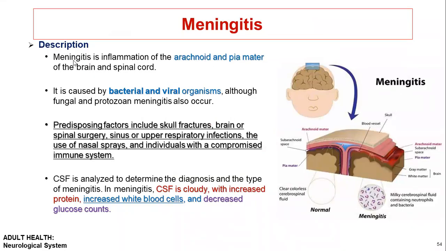Next, it is the inflammation of the arachnoid and pia mater of the brain and spinal cord. It is caused by a bacterial or viral organism.